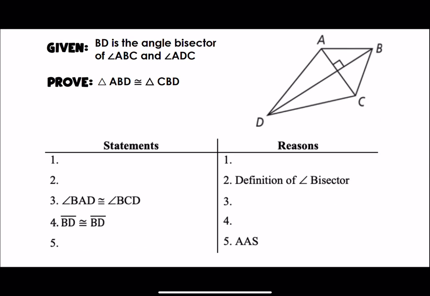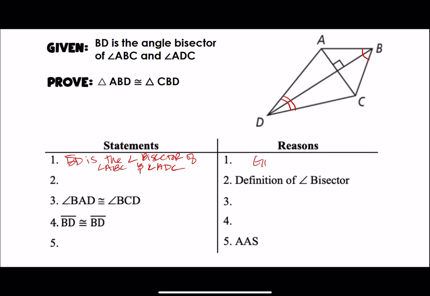All right, last one. We've got that BD is the angle bisector of angle ABC. So it's creating congruent angles here. And of ADC, so it's congruent both ways here. So BD, we got to write this in as our given, is the angle bisector of angle ABC and angle ADC.